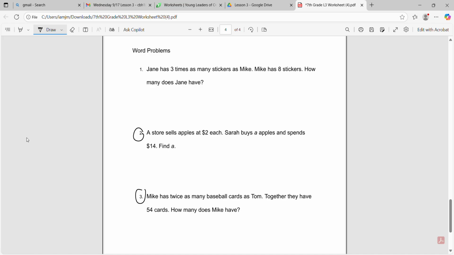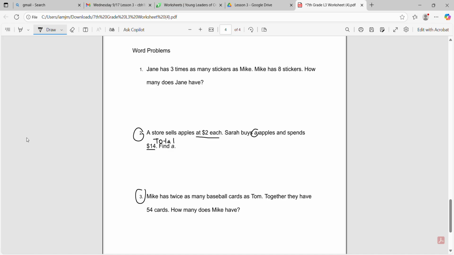So a store sells apples at $2 each. Sarah buys 8 apples and spends $14 total. Find A. So since each apple costs $2 and A represents the number of apples she bought, we have to find out how many apples she bought.